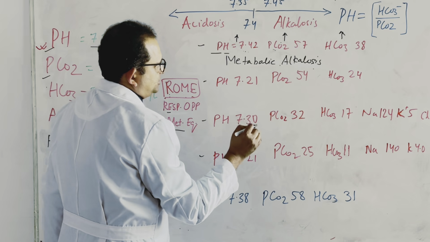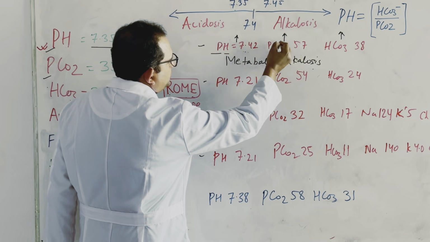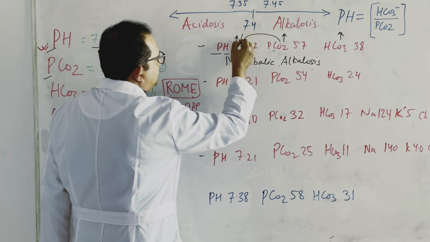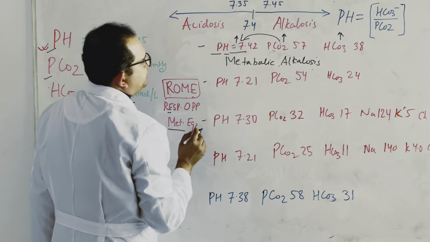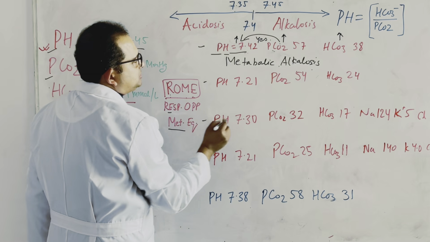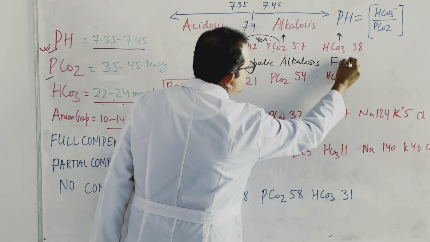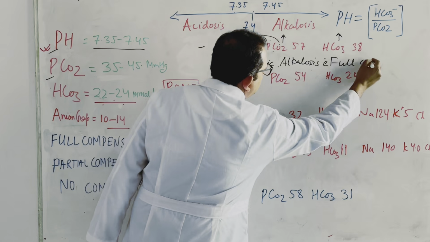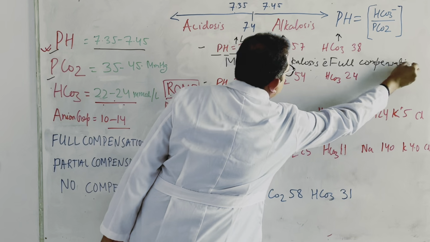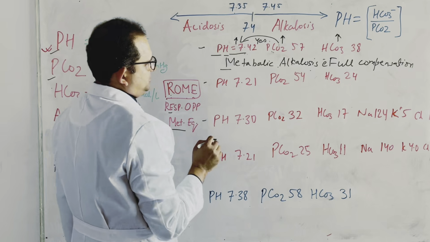Like I told you earlier, has the PCO2 increased in such a fashion that the pH has been brought to the normal range or not? Yes, it has been brought to the normal range. That means the compensation is full. So what is the diagnosis? Metabolic alkalosis with full compensation.